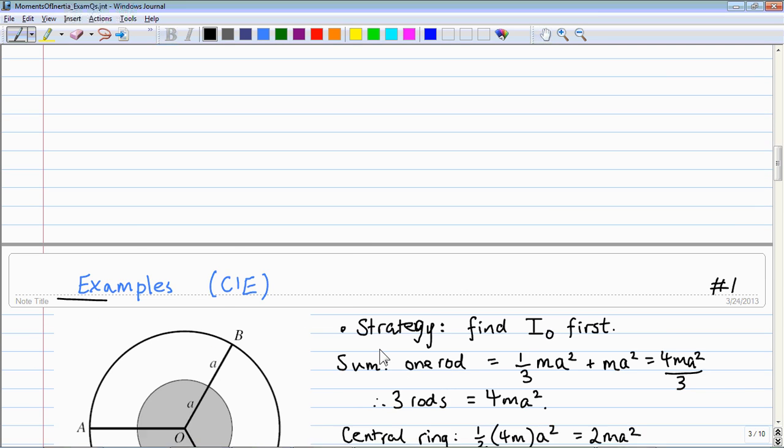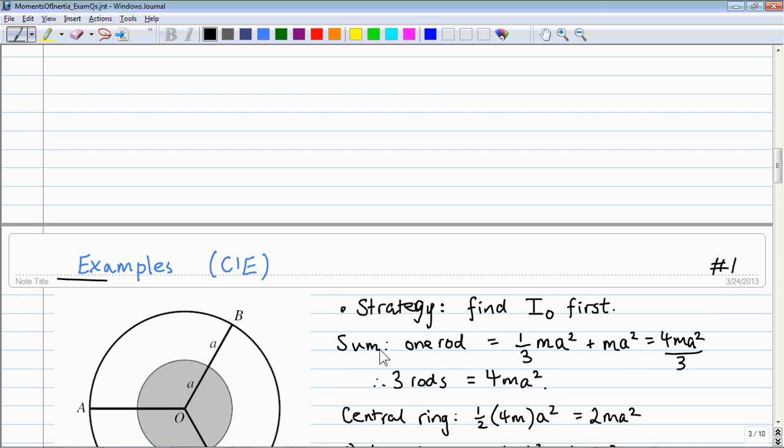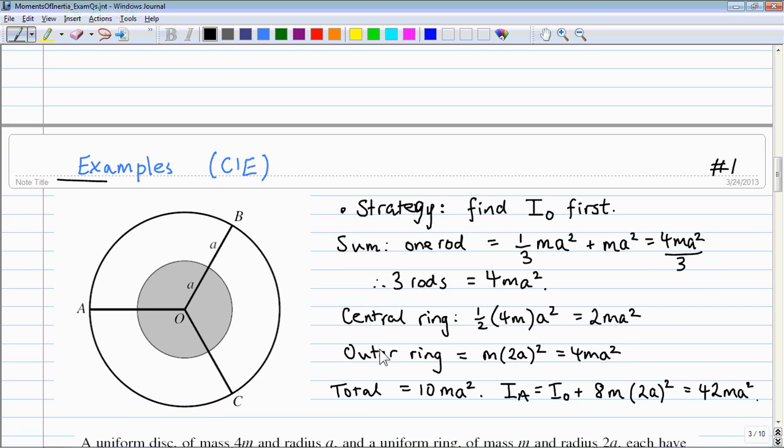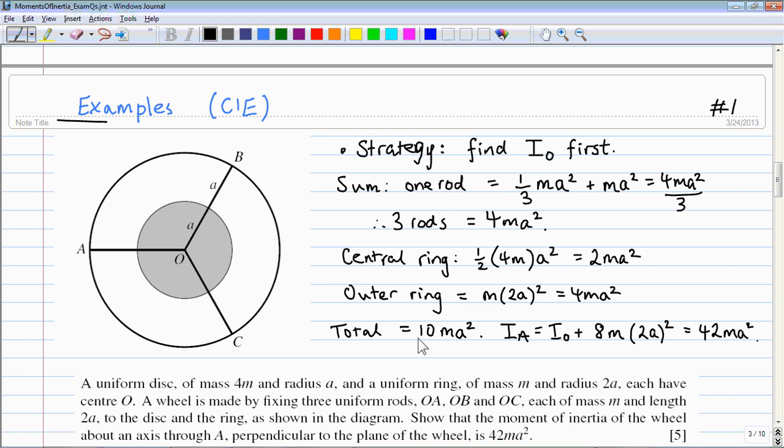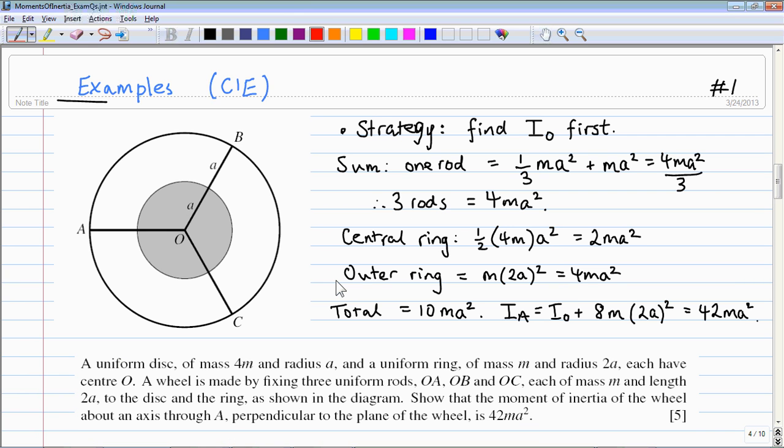So examples. Here's the diagram, and what we're asked to do first is to find the moment of inertia of this system. So the system is described. You have to read it very carefully. Let me emphasize how easy it is to go wrong in doing these kinds of calculations, because there are many little facts you need to remember as you do the arithmetic, the adding and multiplying and subtracting.